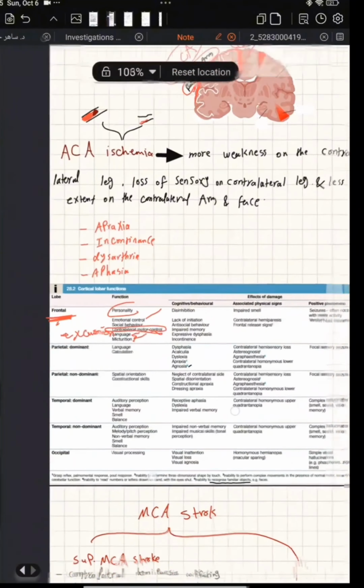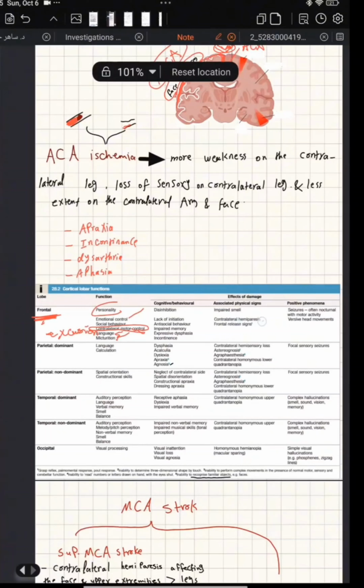Okay? So any problem will result in contralateral hemiparesis, which means paralysis or weakness. Weakness, this is for motor. This will result in weakness of the contralateral leg, the leg of the opposite side. Okay?